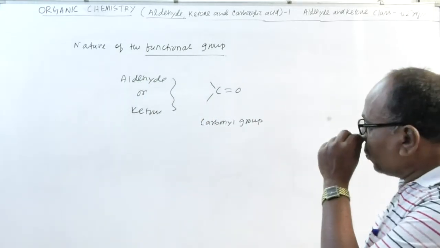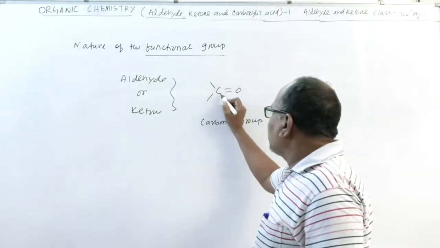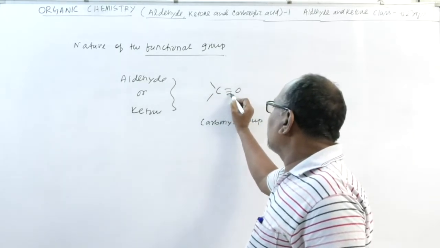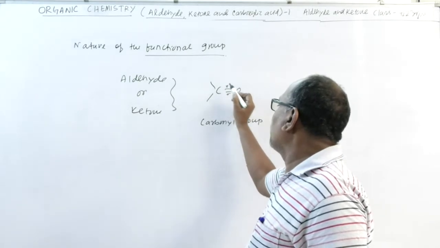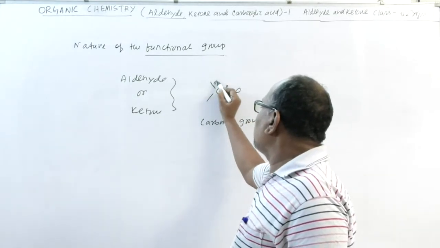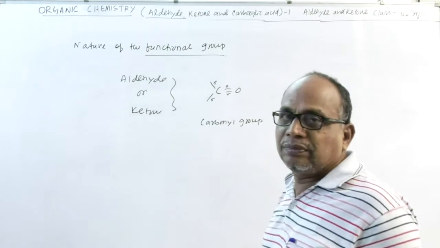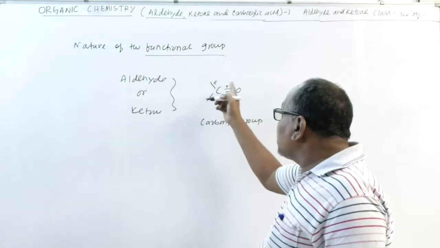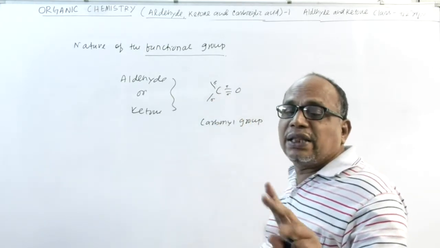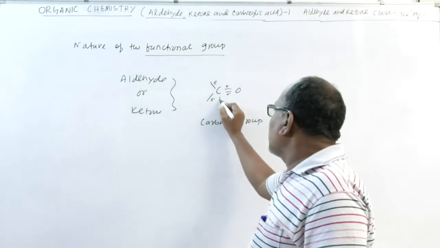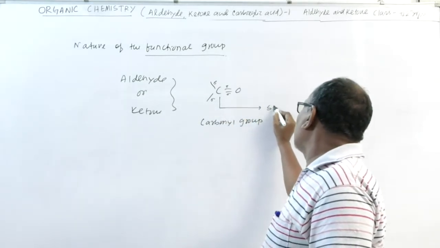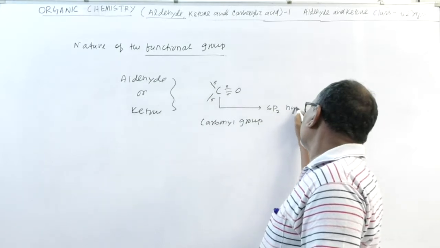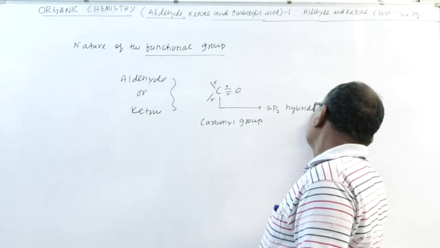In this carbonyl group, the carbon atom possesses sigma bonds, and one of the double bonds is a pi bond. This is sigma bond, this is sigma bond. As the carbon atom possesses one pi bond and 3 sigma bonds, this carbon atom undergoes sp2 hybridization.